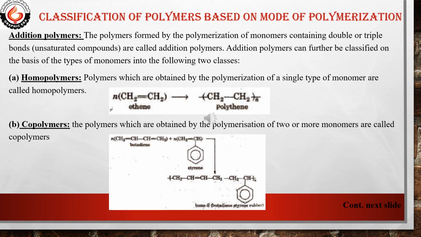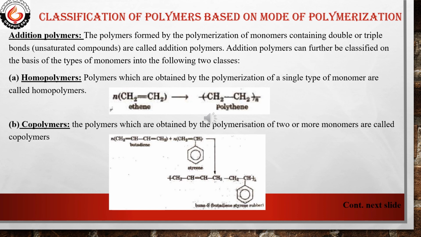Here the example given is butadiene styrene rubber, which is also known as Buna S. In this, butadiene is one monomer and styrene is another monomer. So here two monomers are present.